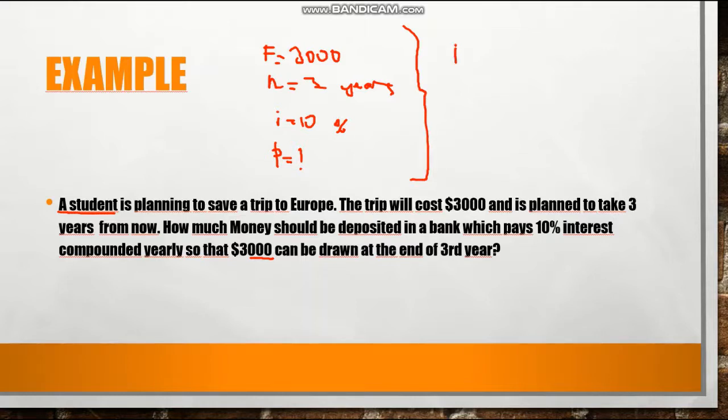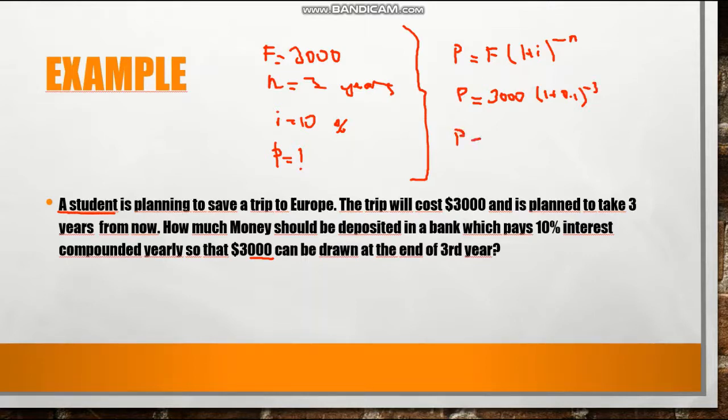So we know that the present value is the future value multiplied by 1 plus I, power of minus n, which is 3,000, the future value given, times 1 plus 0.1, which is 10%, power of minus 3.